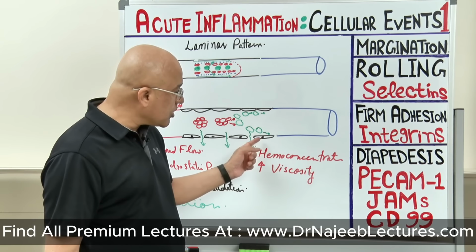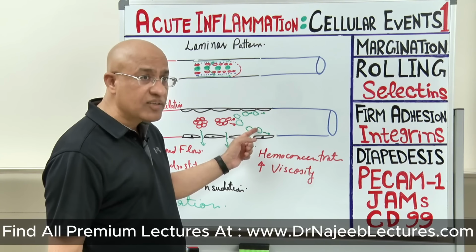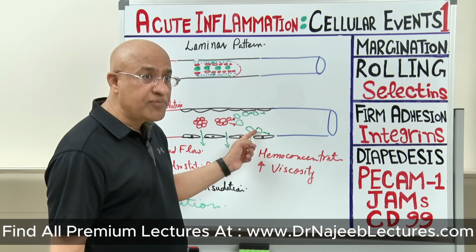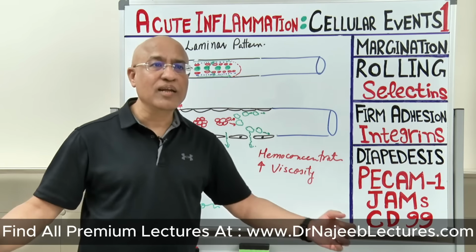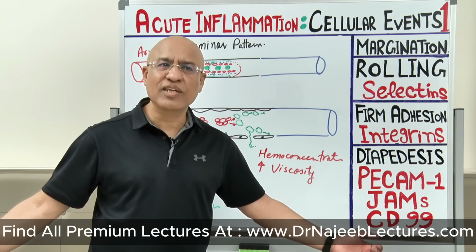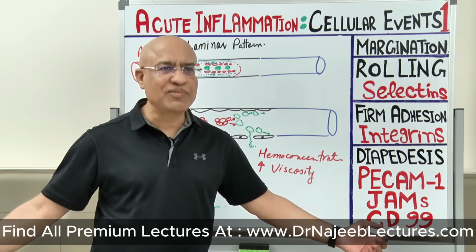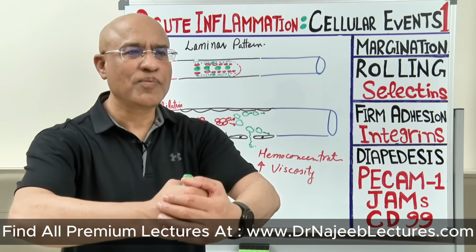These molecules appear on endothelium, and integrins are converted into high affinity state, and they will interact with each other. Kissing has been done under the selectins. Under the integrin activation, they will hug with each other.